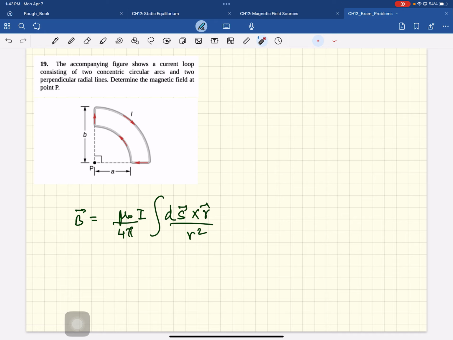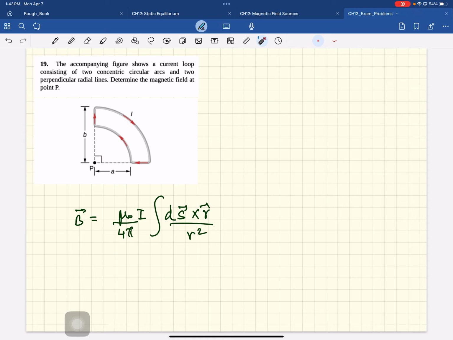And again, the way to figure this out is, point your fingers in the direction of the current, and the field at the center points in the direction of your thumb. So this guy will produce a field coming out of the plane.